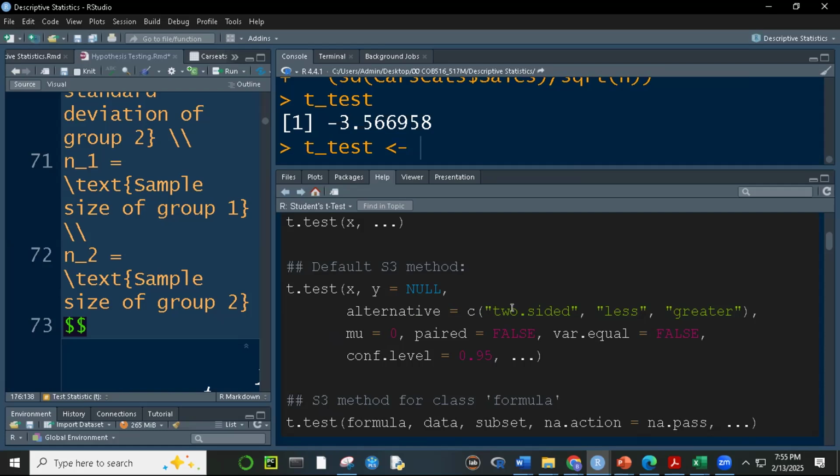Our default is two-sided, so we did not put this in. But we could have specified less or greater. If we use less than, we are hypothesizing that the mean is less than 8, or greater than 8.